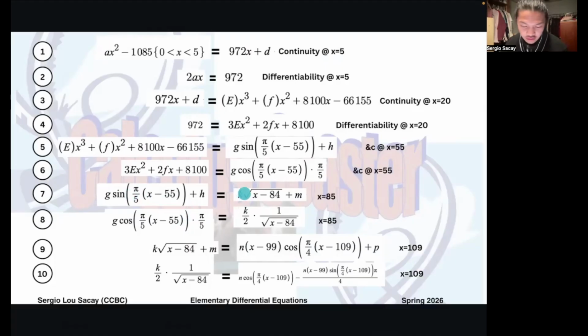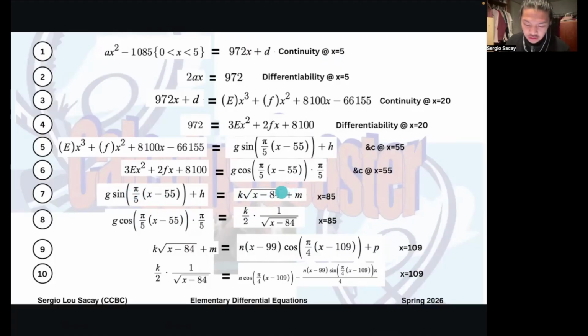Okay, so then we have k times root x minus 84 plus m. Let's take the derivative of that. It's going to be, the k is a constant, so we keep it. And then x minus 84, the square root of this is, the square root can be written as a power to the 1/2.